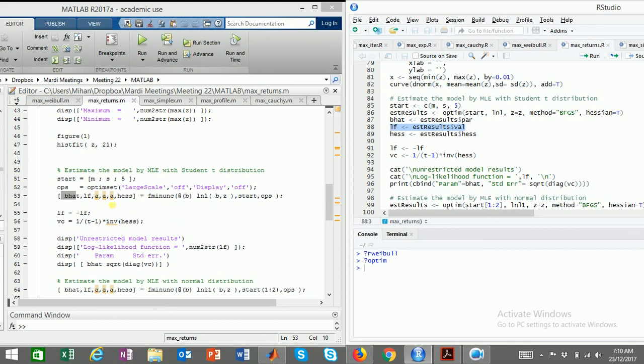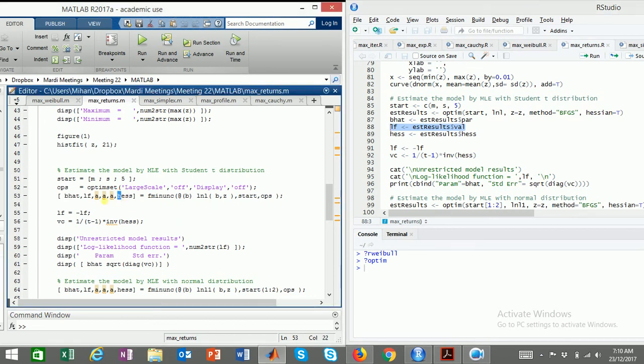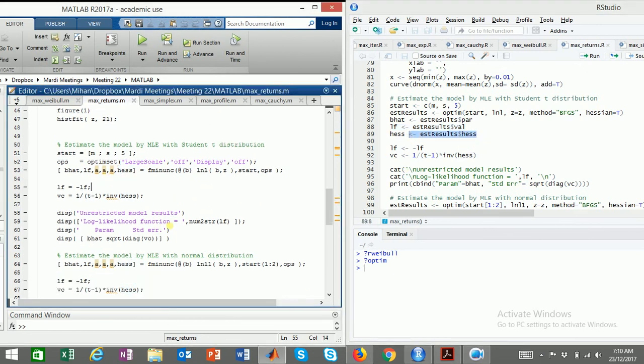We don't need the gradient because it is there somewhere. We want the Hessian of the log likelihood function, then Vc is equal to 1 by t minus 1. This is the variance covariance omega matrix, 1 by the inverse of the Hessian. We already know it. So very interesting.